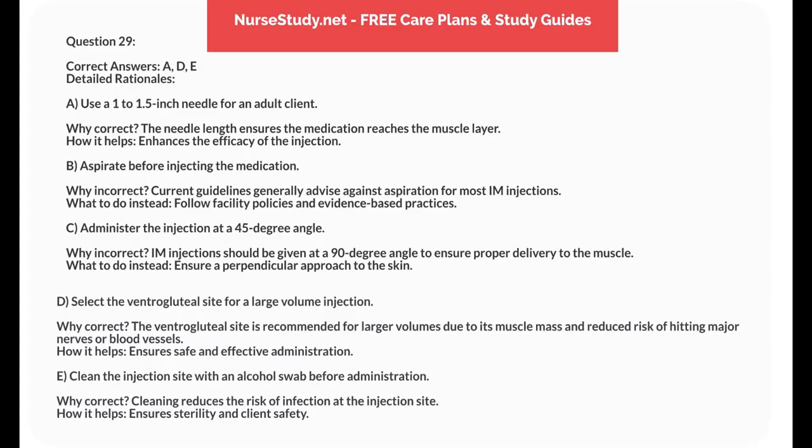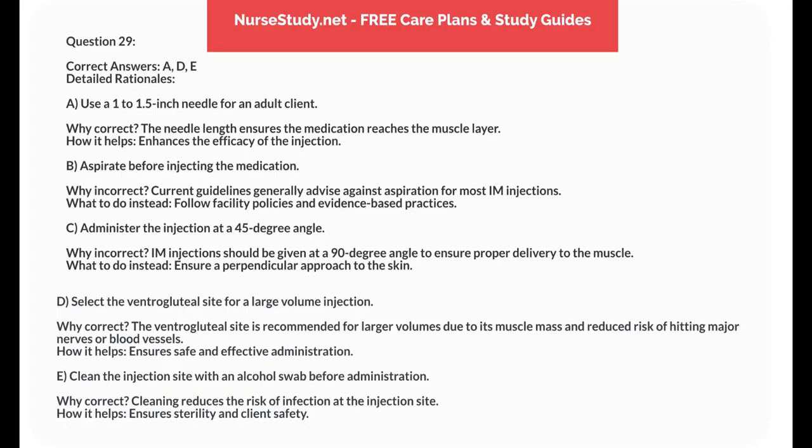C. Administer the injection at a 45-degree angle. Why incorrect? IM injections should be given at a 90-degree angle to ensure proper delivery to the muscle. What to do instead: ensure a perpendicular approach to the skin. D. Select the ventrogluteal site for a large volume injection. Why correct?